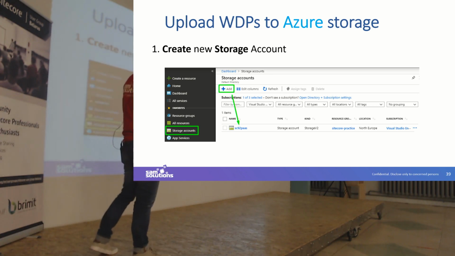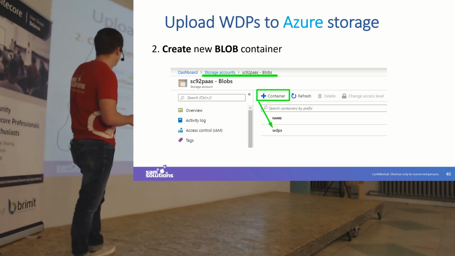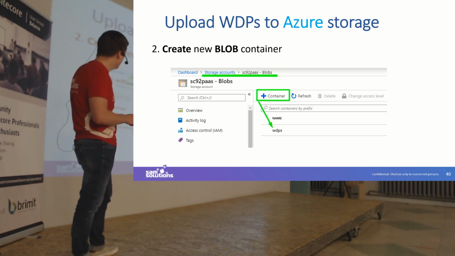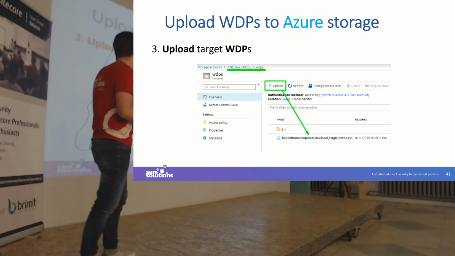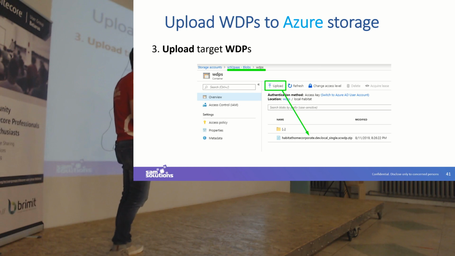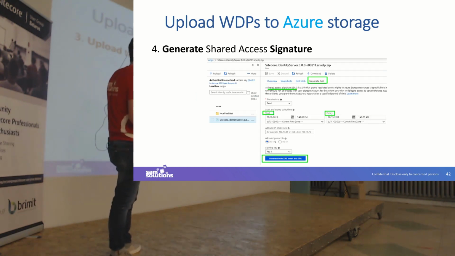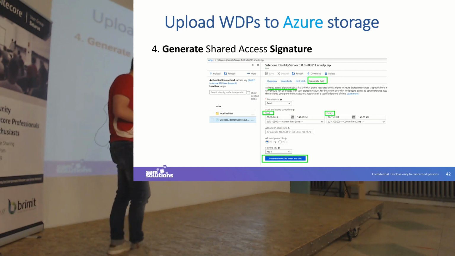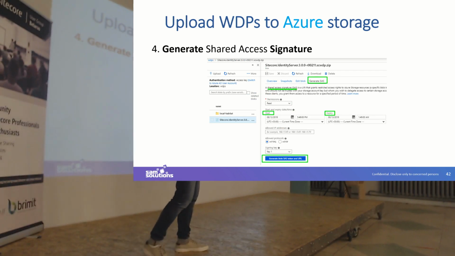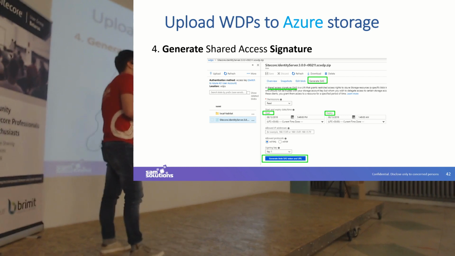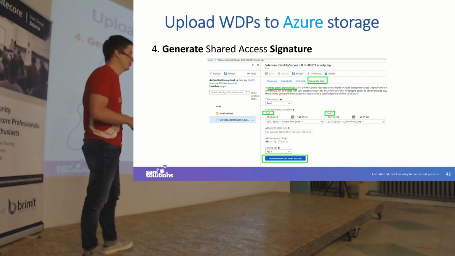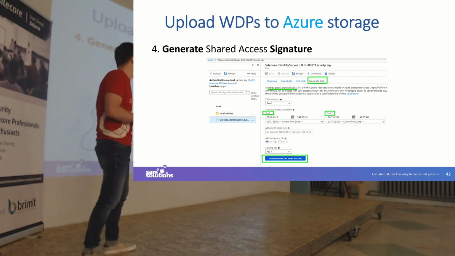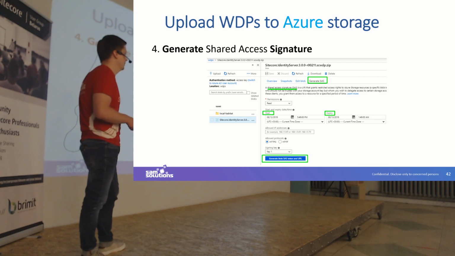give some names for that. After that, we just need to create a blob container to put our packages. And also, you can see that I have already uploaded them as an example. And one requirement for that, we need to add a token in our URL to put it to Azure, because there is some security.